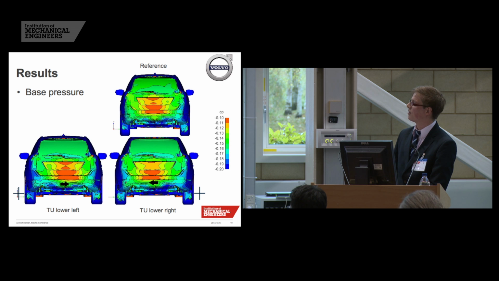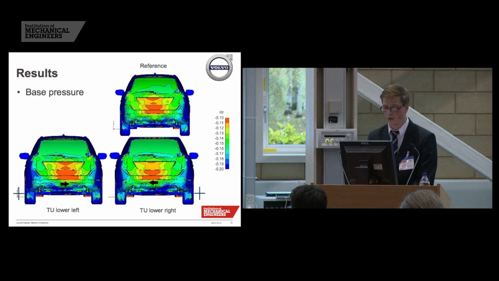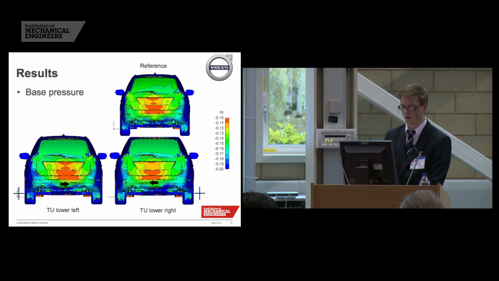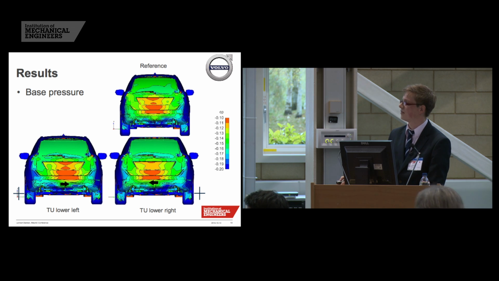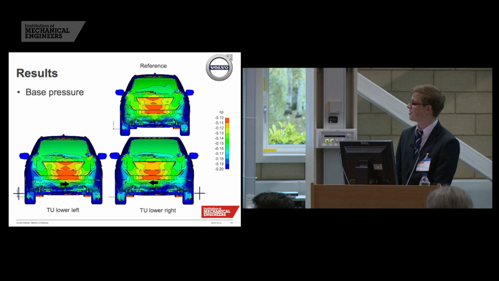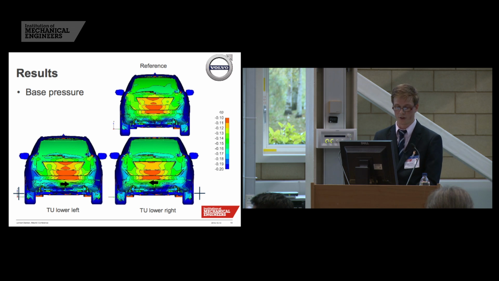Also, because you get a stronger inwash of the flow on the side of the traversing unit, the high pressure region moves to the opposite side of the traversing unit, which is quite clearly visible as well. Simultaneously, there are lower pressure regions on the sides of the traversing unit, at the rear bumper height. So clearly, it is also traceable on the base pressures.